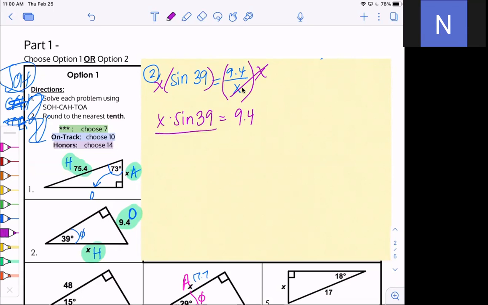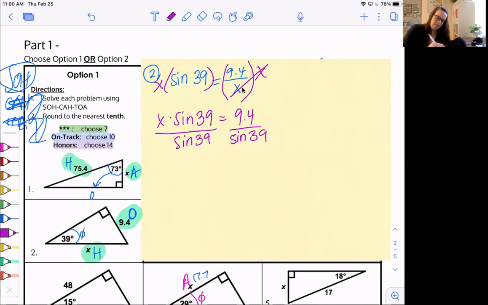So I put sine 39 and then below 9.4. Sorry miss, I put sine, not 39. Yeah. Sine. Perfect. No, you don't have anything to apologize for. You're doing great.